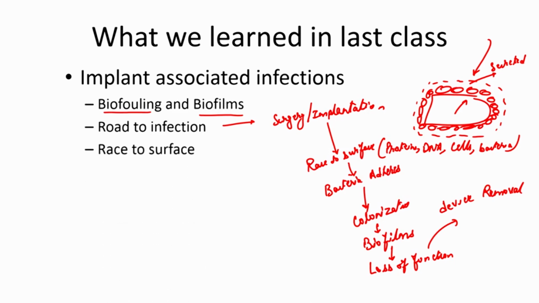Then there is also the race to the surface. That is more looking at this aspect of the process, where there are all kinds of cells trying to compete and colonize the surface first. Mainly the race is between the bacterial cell and the mammalian cell, but what we learned is that the bacteria is much more evolved to take care of this race to the surface, and typically beats the mammalian cell, not only because it is adapted, but also because it can divide very rapidly.